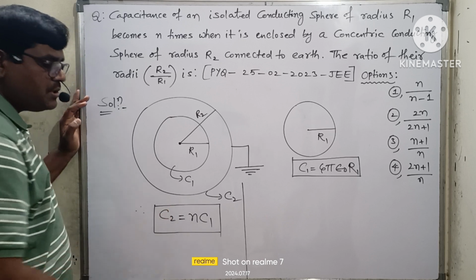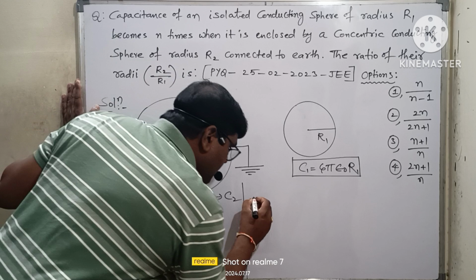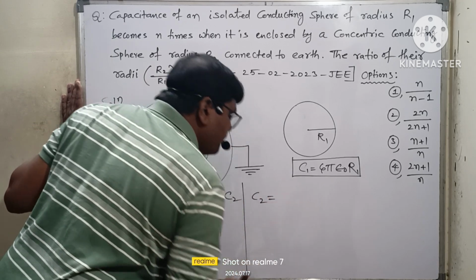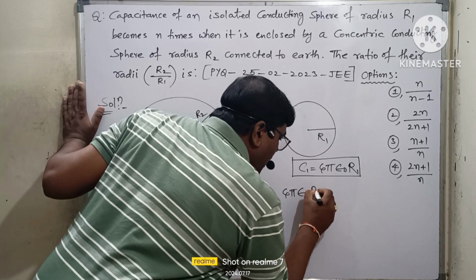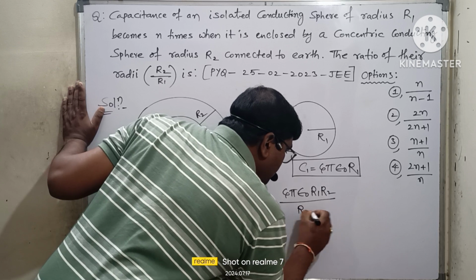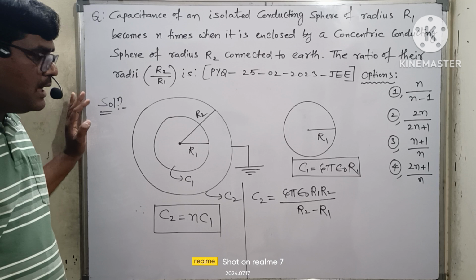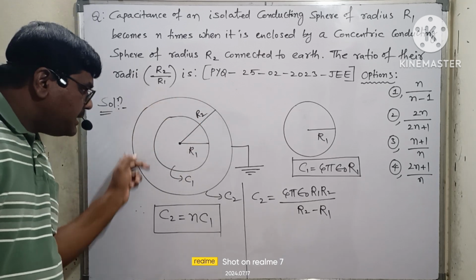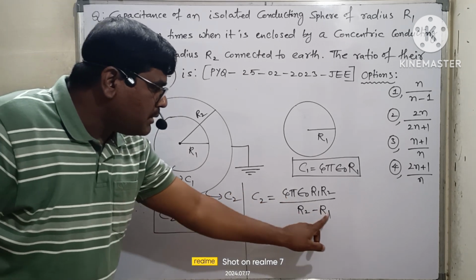What is C2 here? Generally we have to find C2 also. What is the formula for C2? C2 is equal to 4 pi epsilon naught R1 R2 divided by R2 minus R1. When this sphere is connected to the earth, that is the reason we take R2 minus R1.